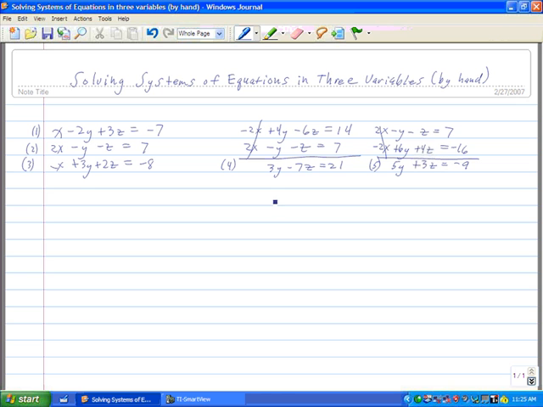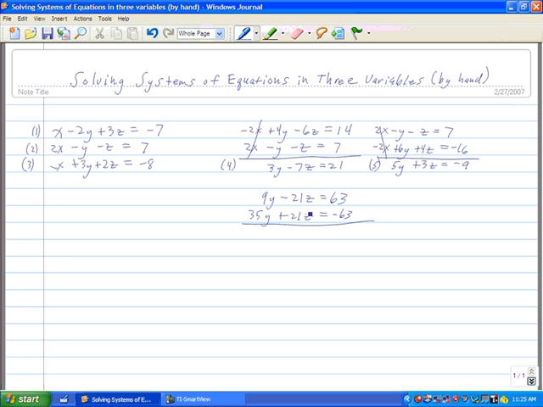So I'll take equation 4, multiply it through by 3, and get a 9y minus 21z equaling a 63. Equation number 5, I'll multiply all the way through by a 7, which will give me a 35y plus a 21z equaling a negative 63.